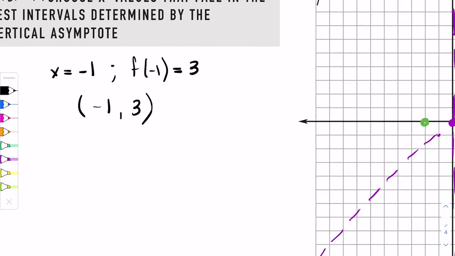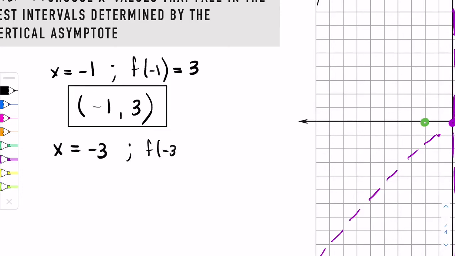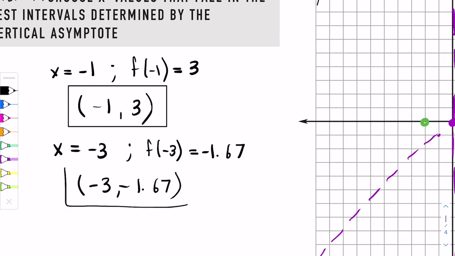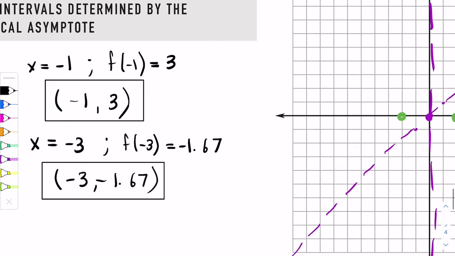I also tested -3, just in case you wanted to do that one instead. So when you test -3, you end up with an output of -1.67. So your other ordered pair would be at -3, -1.67. And you should try testing these on your own just to make sure you're coming up with the same answers as me.